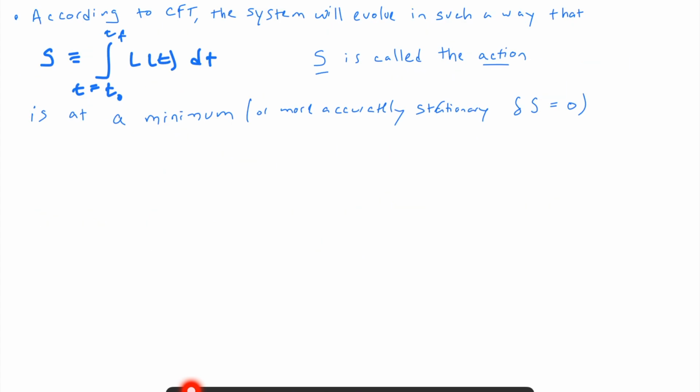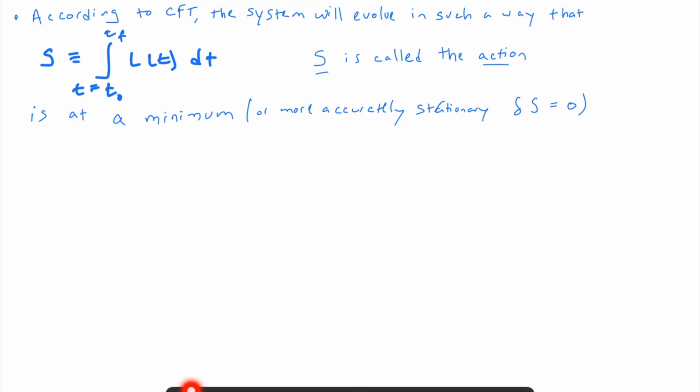According to classical field theory and classical mechanics, the system will evolve in such a way that this action, which is the same action that we talked about before, which is just the integral over time of L taken at any given time dt, is at a minimum, or really more accurately called stationary, at an extremum.